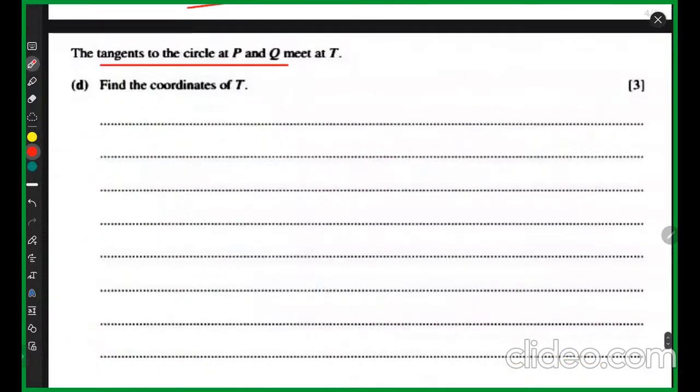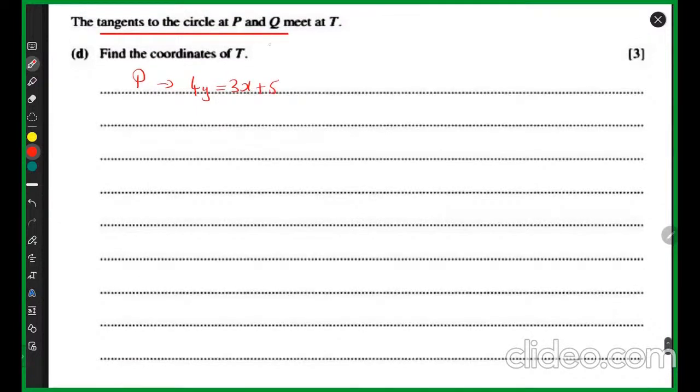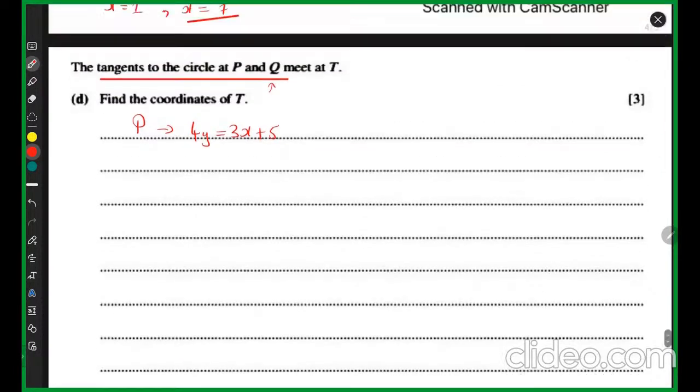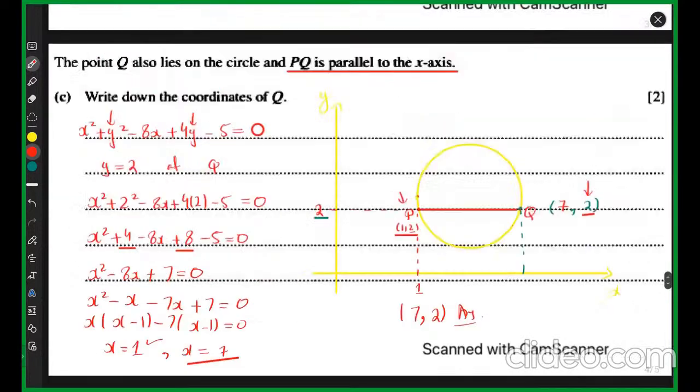So the equation for this was 4y equals 3x plus 5. And now we need to find the tangent at Q. And this is what I would want you guys to do, because I've just told you when you have a point lying on the circle, you can easily find the equation of the tangent.